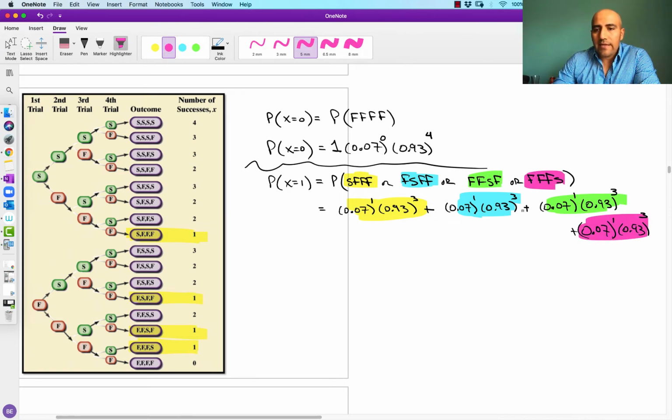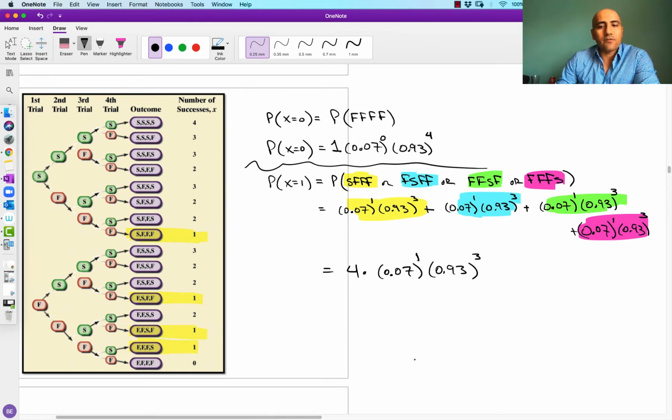So we're adding 4 things that are identical. So instead of doing all that, what we could do is just say that the probability that x equals 1 is equal to 4 copies of 0.07 to the power of 1 times 0.93 to the power of 3. Right? Nice little patterns are starting to emerge.